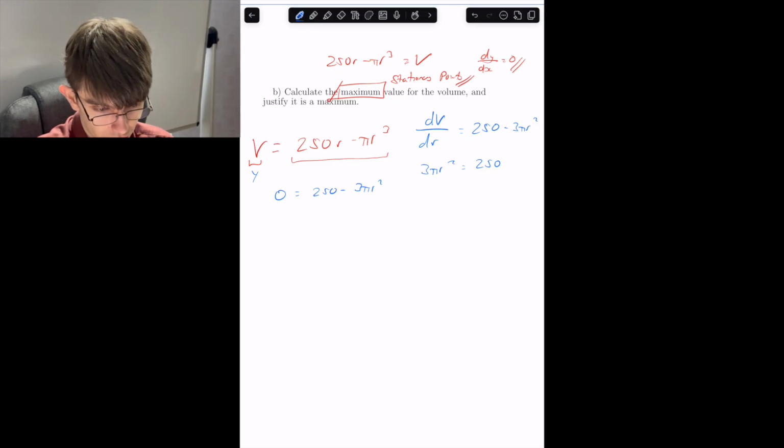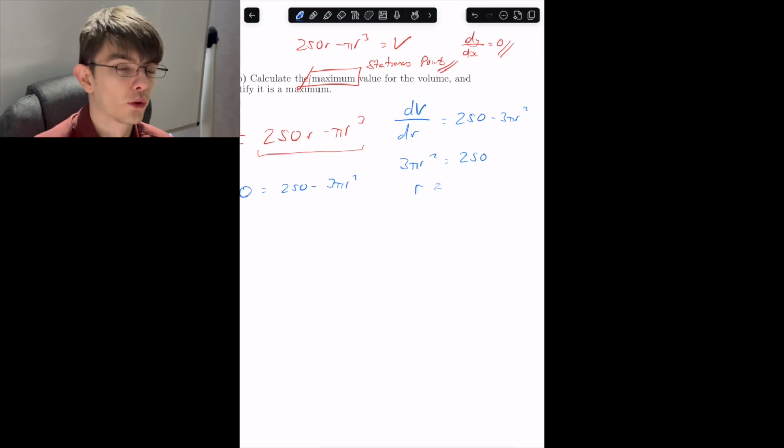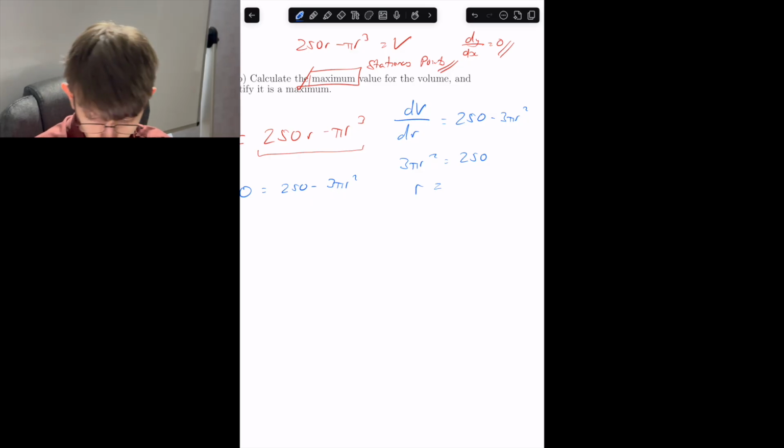Now I can do some horrible looking maths here, and I can rearrange for r. If you're sat there with a calculator, which I hope you are, I will let you find r here.